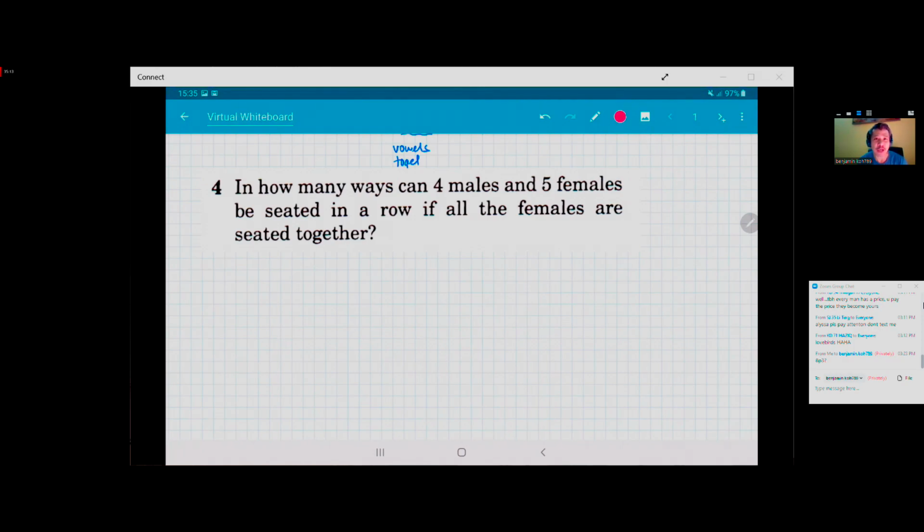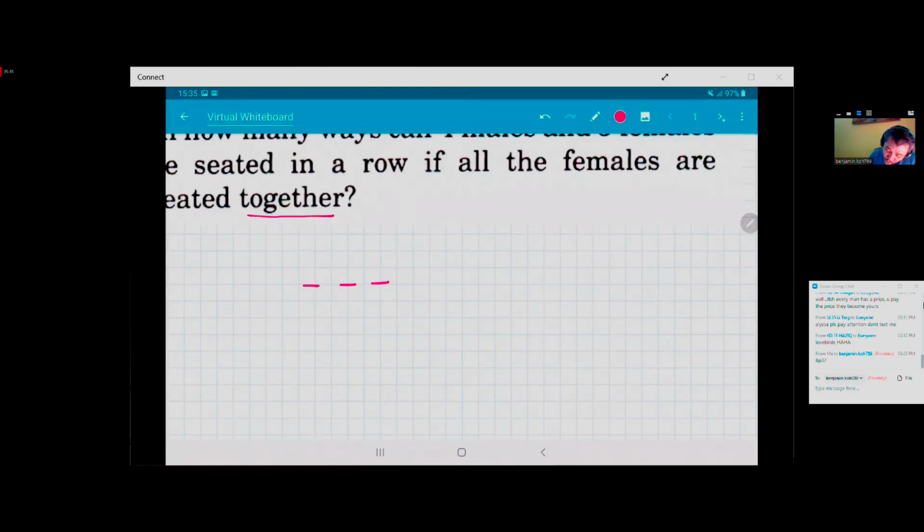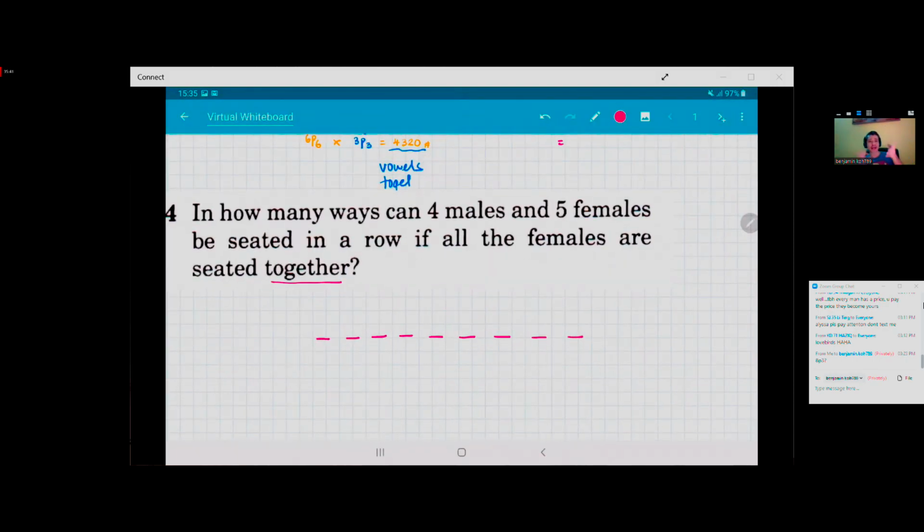In how many ways can 4 males and 5 females be seated in a row if all the females are seated together? So do you see once again, the word here is together? So just like just now, 4 males, 5 females, so total 9 people. That means I have 1, 2, 3, 4, 5, 6, 7, 8, 9, there are 9 empty spaces.